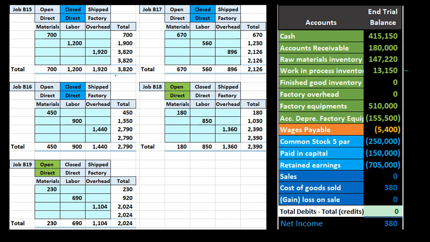Now, when all those jobs are open, as they have been so far, we're going to say that they're all in work in process. We don't have anything in finished goods so far. All of these jobs at the start were open jobs, and they're all going to be put together to come up to the 13,150.